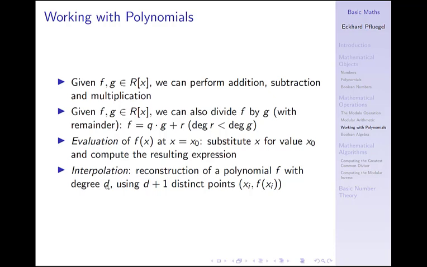So that's just one unique way of doing it. So if the degree is 1 for the straight line, then I need 2 points, d plus 1, 1 plus 1. So that's obviously not a proof, but it just shows you that that seems to make sense, certainly for the case of a linear polynomial. In case of a parabola, which is a quadratic function, a polynomial of degree 2, we would need 3 distinct points to uniquely determine the parabola that goes through the 3 points.